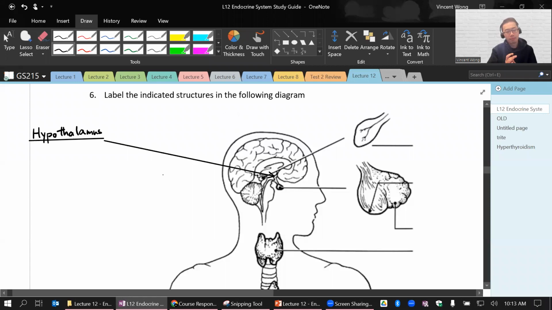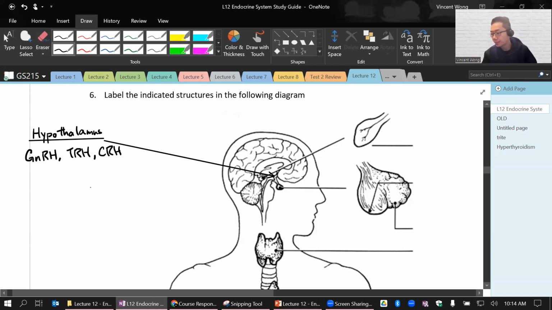So the hypothalamus, we know it's going to secrete a bunch of RHs, right? Releasing hormones. Hopefully you're reciting it in your mind as I go through it with you. So you should remember there are GnRH, TRH, and CRH: gonadotropin releasing hormone, thyrotropin releasing hormone, corticotropin releasing hormone.